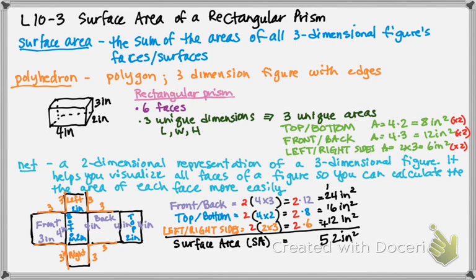Now, I am going to show you a slightly different way of thinking about this. If I was figuring out volume, I have a 4 by 3 by 2, and it doesn't matter the order of those. So here's what I'm going to do. I'm going to pair up the numbers in the 3 unique ways you can pair up 3 numbers. So I'm going to get 2, and I'm going to multiply it by 4 times 3.